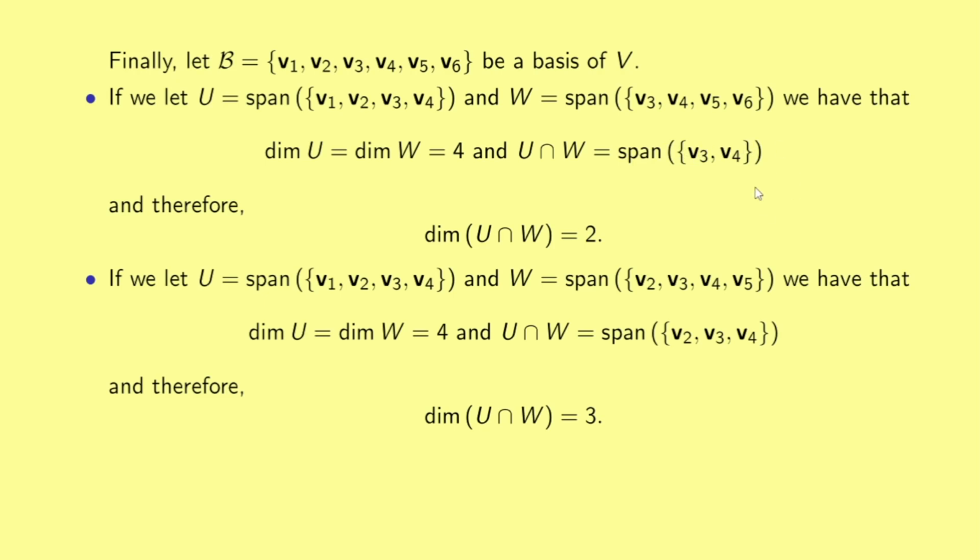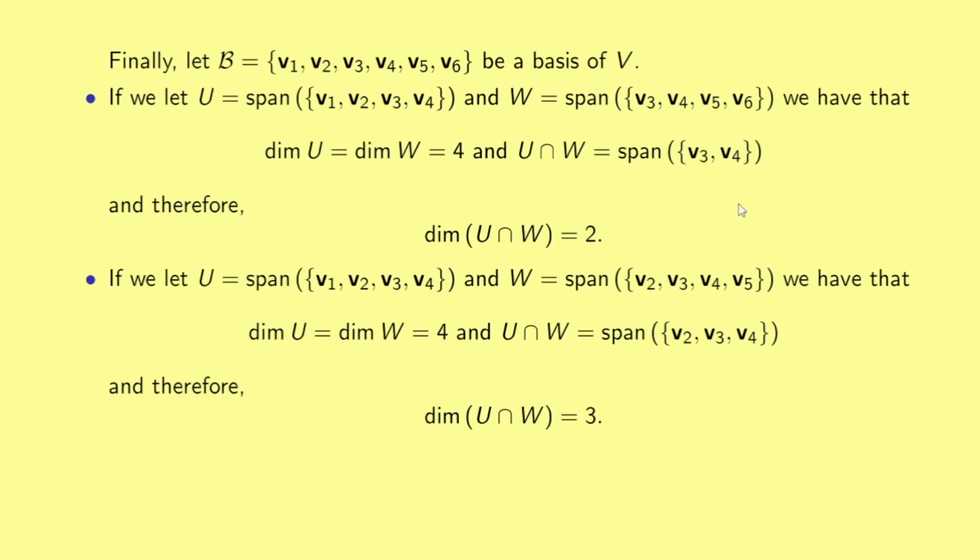So its dimension is 2. Therefore, in this case, the dimension of U intersection W is 2. We were able to find subspaces U and W of V of dimension 4, whose intersection has dimension 2, and so it is indeed a possible case.